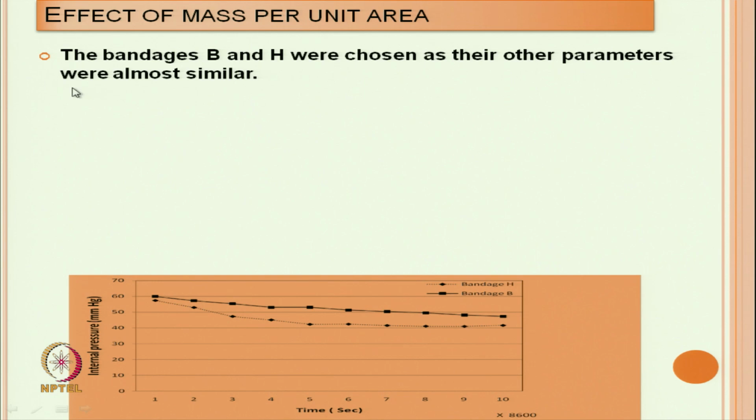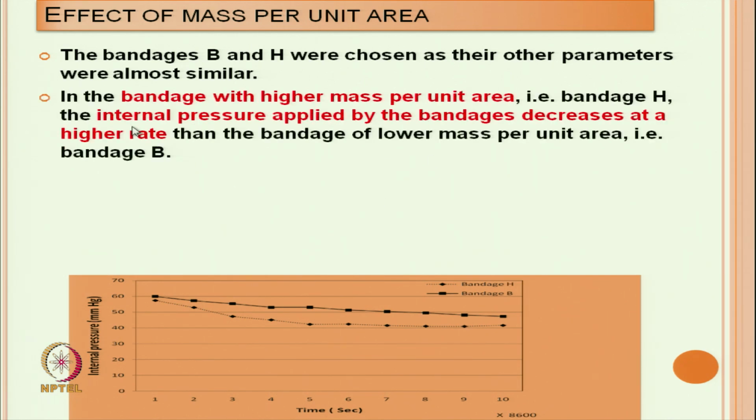For the bandage with higher mass per unit area, that is bandage H, the internal pressure applied by the bandage decreases. The initial internal pressure was kept constant for both bandage B and bandage H by adjusting the tension.